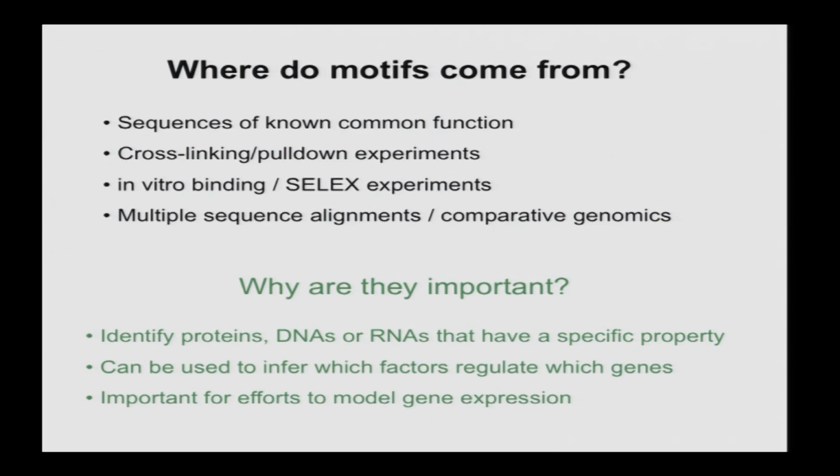And ultimately, if you're very interested in the regulation of a particular gene, knowing what motifs are upstream and how strong the evidence is for each particular transcription factor that might or might not bind there can be very useful in understanding the regulation of that gene. And they're also going to be important for efforts to model gene expression.